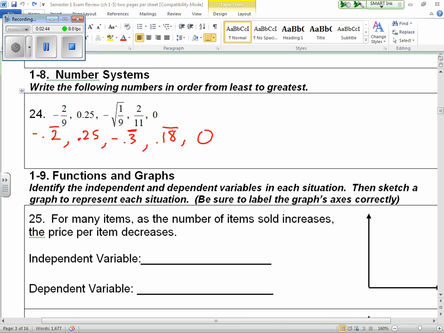So we need to find the lowest negative, and that would be negative 0.3 repeating. So that's negative square root of 1/9. So that's going to be our smallest number, followed by negative 0.2 repeating, which is negative 2/9.